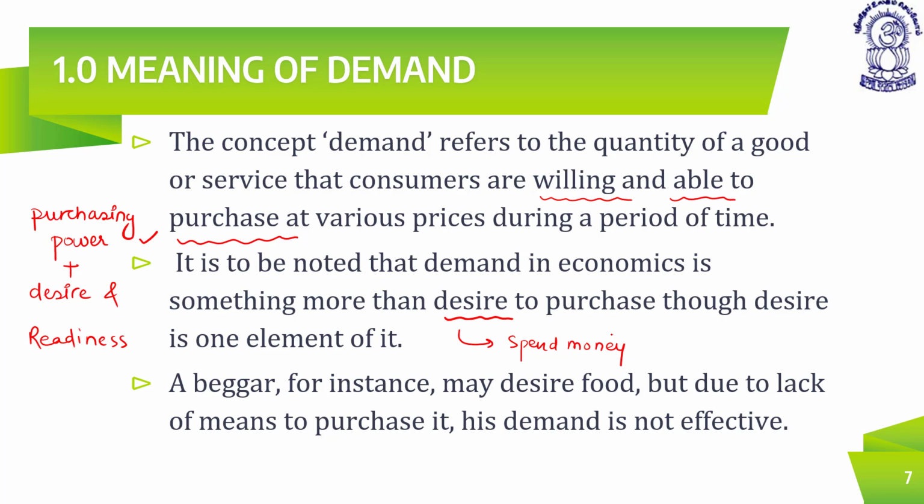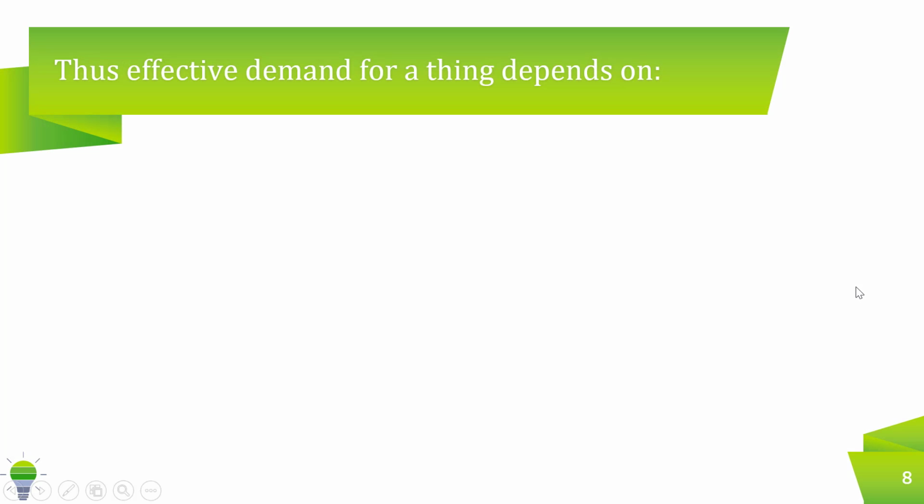For example, an example of beggar is given over here. So a beggar, for instance, may desire food, but he doesn't have money to buy that food, so he won't be able to satisfy his desire, and his desire can't be converted into demand.